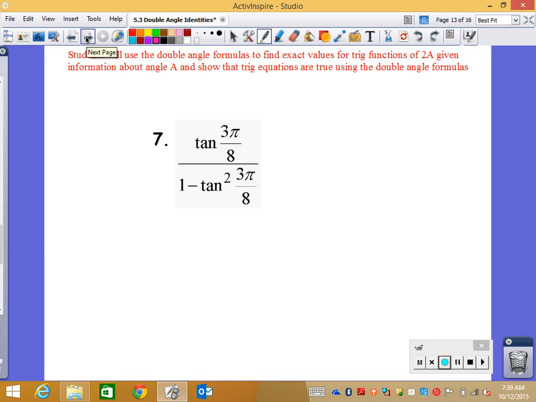which we know as root 3 over 2. Now, tangent of 3 pi over 8 over 1 minus tangent squared of 3 pi over 8. That just looks like a mess. But let's do the same thing. I happen to know that the tangent of 2A is equal to tangent of A all divided by 1 minus tangent squared of A. So we're going to let my 3 pi over 8 be my A value.